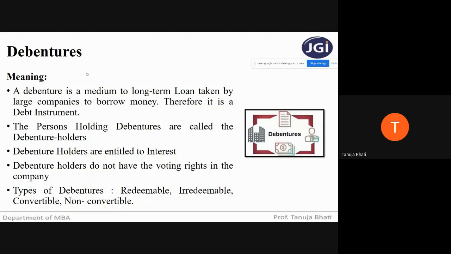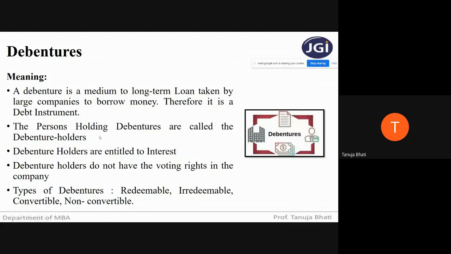In short, a debenture is nothing but the loan given by the public to the companies. And in return, the company will issue debentures to the public. When the public subscribes for the debentures, the person who is subscribing is called a debenture holder of the company.